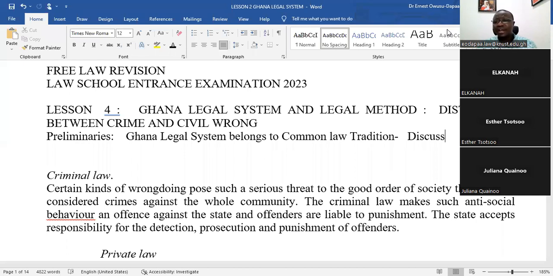And then in terms of adjudication, in terms of the mode of deciding disputes, in the civil law tradition, they use what we call the inquisitorial approach. Inquisitorial simply means that the adjudicator, that is the judge, has the responsibility to actively inquire into the various allegations constituting the case before him or her.